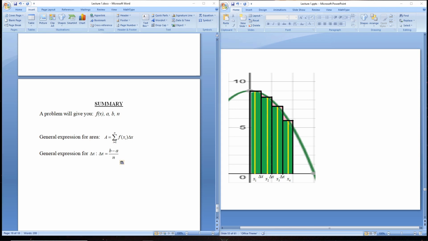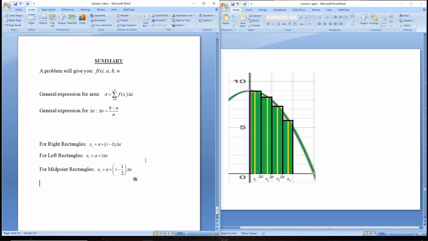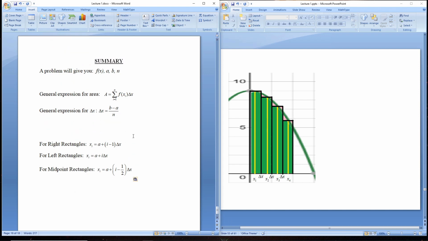Now remember, what changes for left, right, and midpoint are the x sub i values. And so here is that summary. For right rectangles, we always have this expression. For left, this expression, and then for midpoints, here's our x sub i expression. These equations represent everything that will be used in this homework. And that's our summary here.